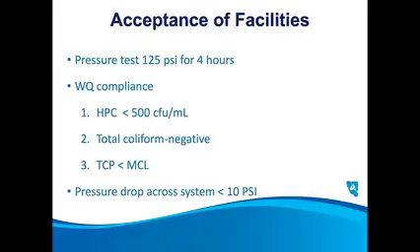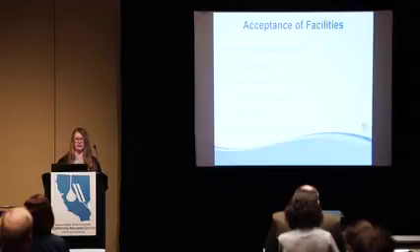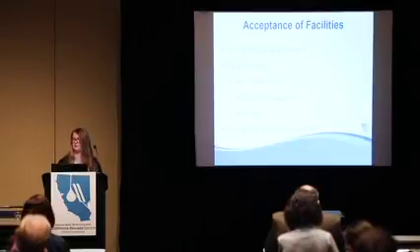So, of course, we did pressure testing at the beginning for the vessels themselves, and then we took bacteriological samples to ensure that we had compliance with our water quality requirements, as well as the permit conditions. And then we also were monitoring to make sure that we didn't have any pressure drops. We wanted to make sure our pressure drops were less than 10 psi across the system.